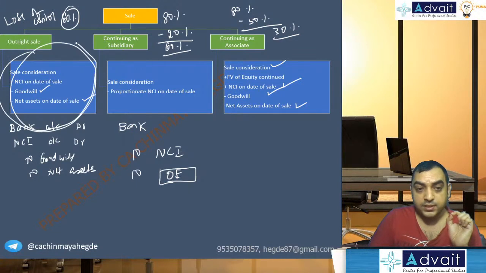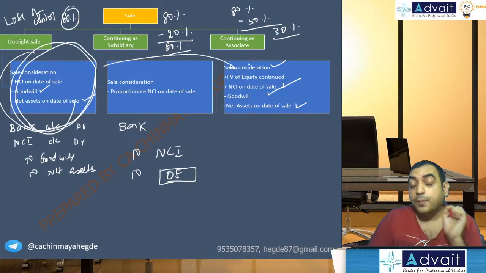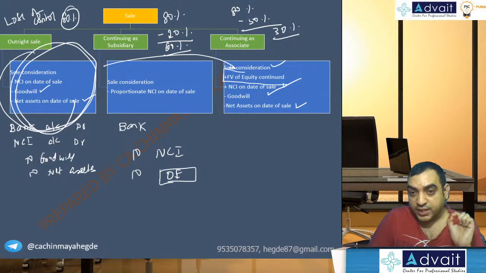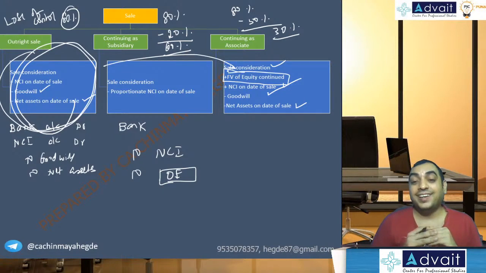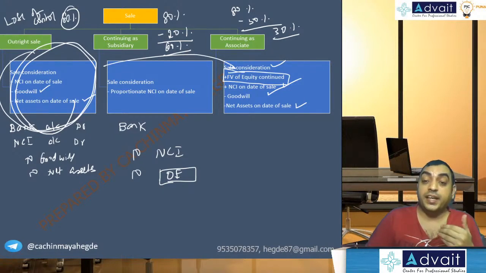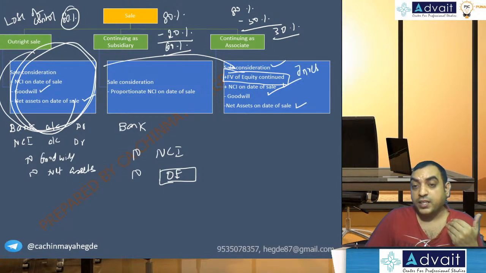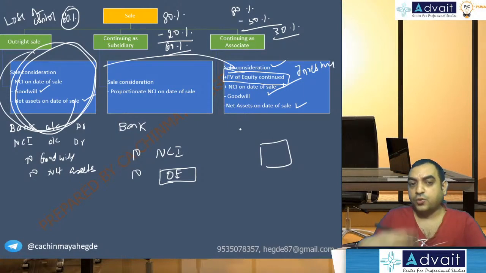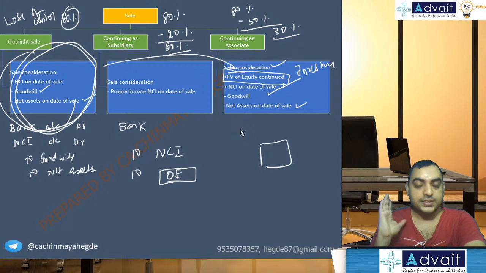All these points will apply, but one extra point will come: the fair value of equity continued will be debited by way of investments. And otherwise again the difference will be transferred to P&L account, just like an outright sale.